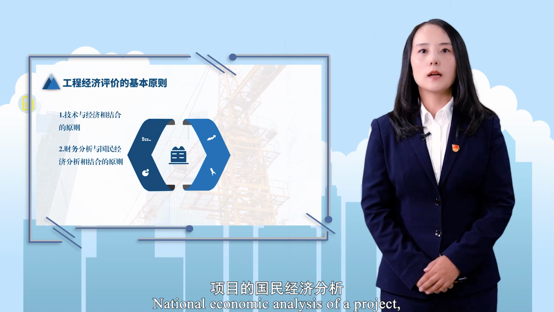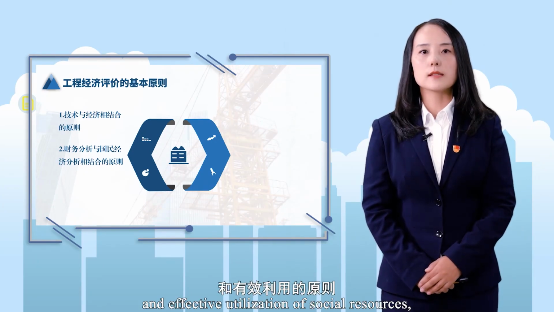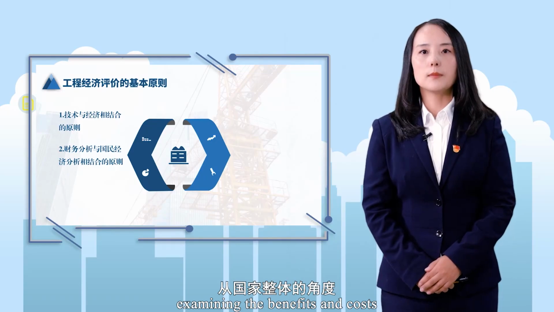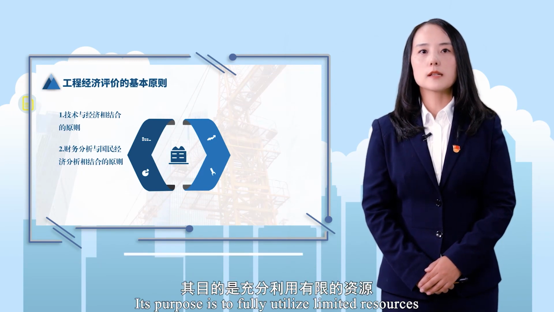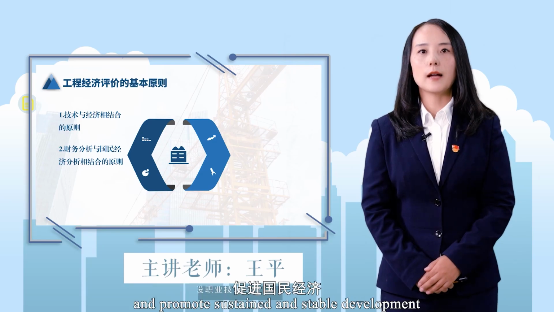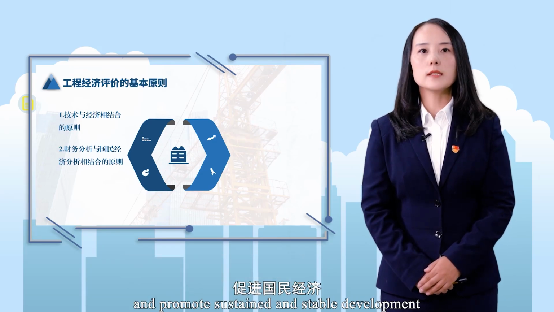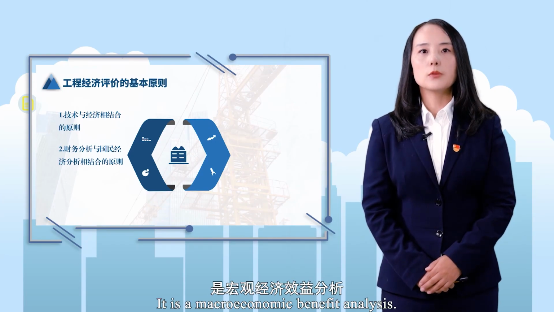National economic analysis of a project follows the principles of rational allocation and effective utilization of social resources, examining the benefits and costs of the project from the national perspective. Its purpose is to fully utilize limited resources and promote sustained and stable development of the national economy. It is a macroeconomic benefit analysis.